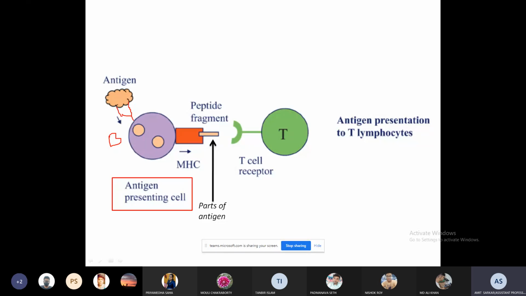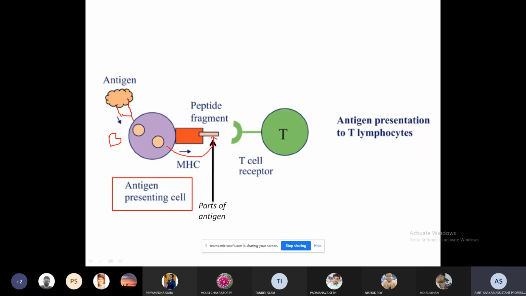A microorganism may have just entered the body, and then it processes the microorganism into small protein parts. And then it's presenting that protein with the help of the MHC molecule. I've talked about the MHC a little bit before, major histocompatibility complex. So to whom? To the T cell.